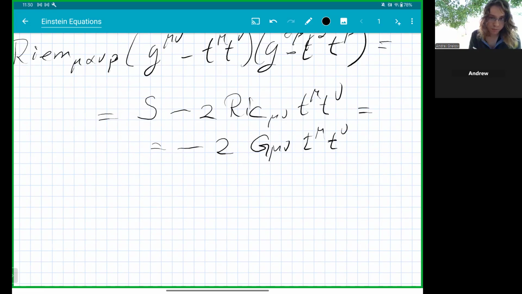And same for the energy momentum tensor. So the right way to think about Einstein equations is actually contracted with some unit vector T mu.